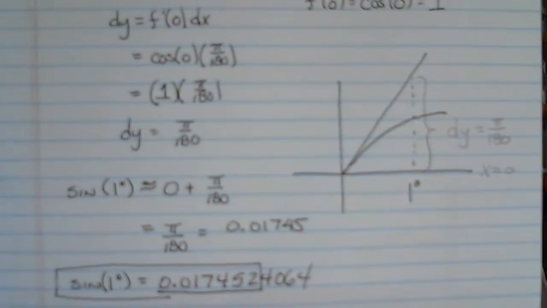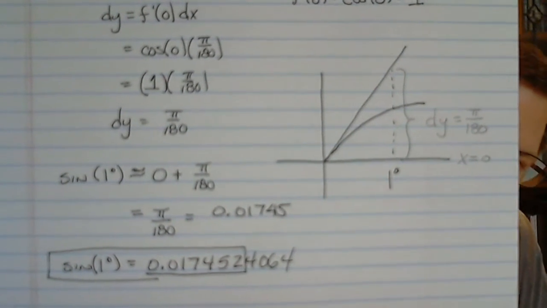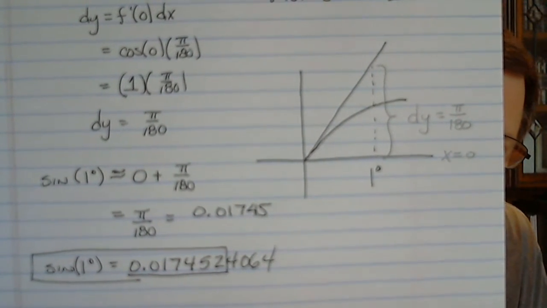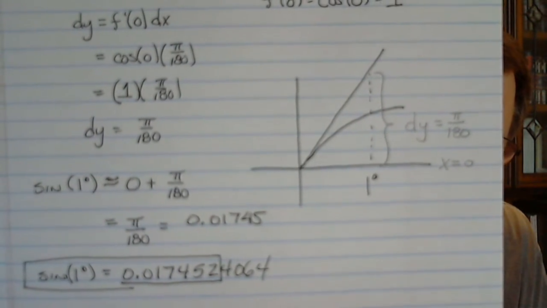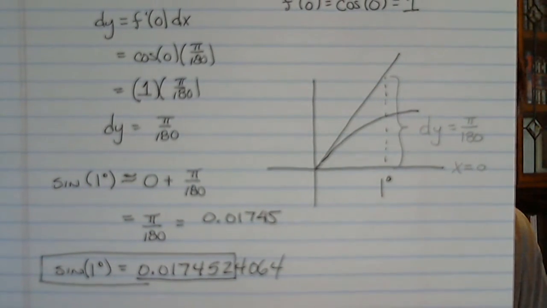So if you take a look at the actual calculated value of sine of 1 degree, and if I round it to 1, 2, 3, 4, 5, 6 decimal places, you see that our estimated value of sine of 1 degree, 0 plus dy, is really, really close.